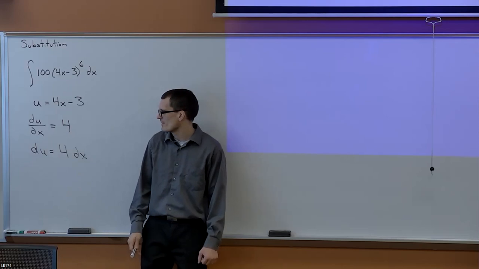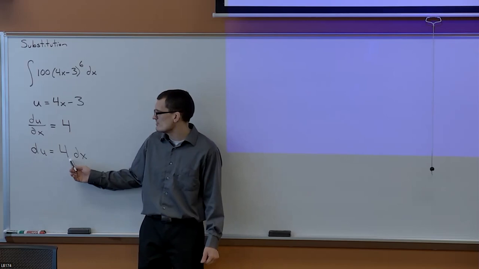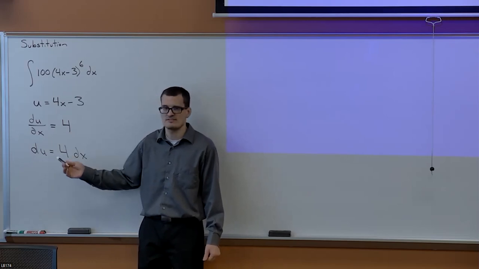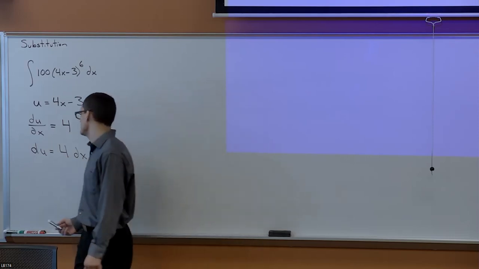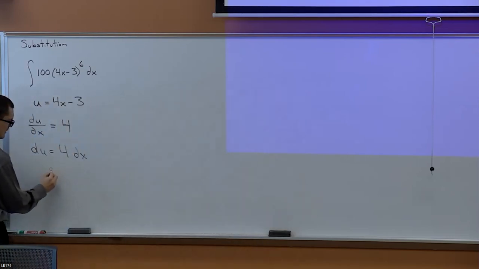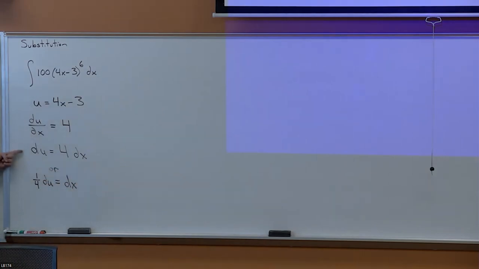Now you can either do this substitution, or if you wanted to, you could have divided by 4 on both sides and use that substitution as well. So if I divide both sides by 4, I could use that substitution. Either of these is legitimate, whichever one you prefer.